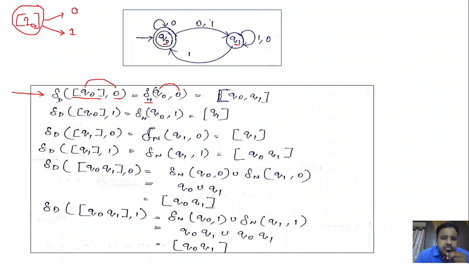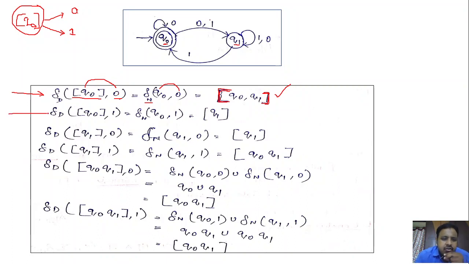Since these are two separate states in the NFA, but in the DFA we have to represent them as a single state, we just enclose them in a square bracket. So [Q0, Q1]. In this fashion, we specified the transition from Q0 on 0.